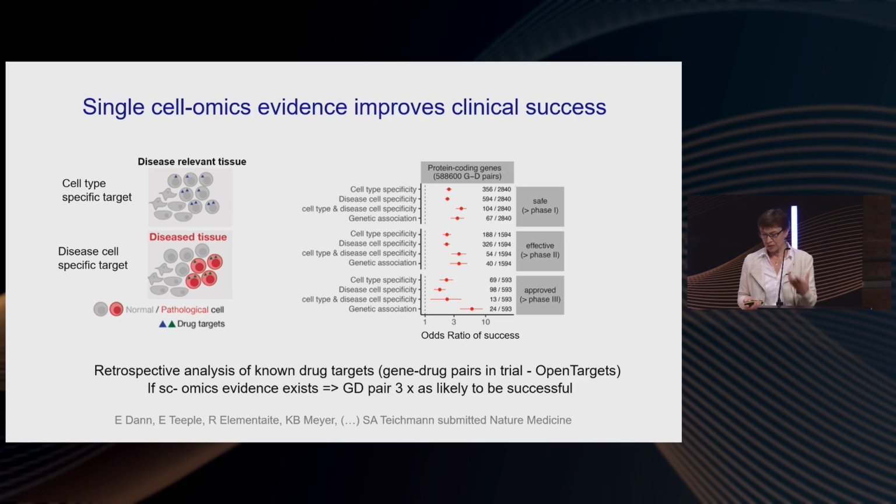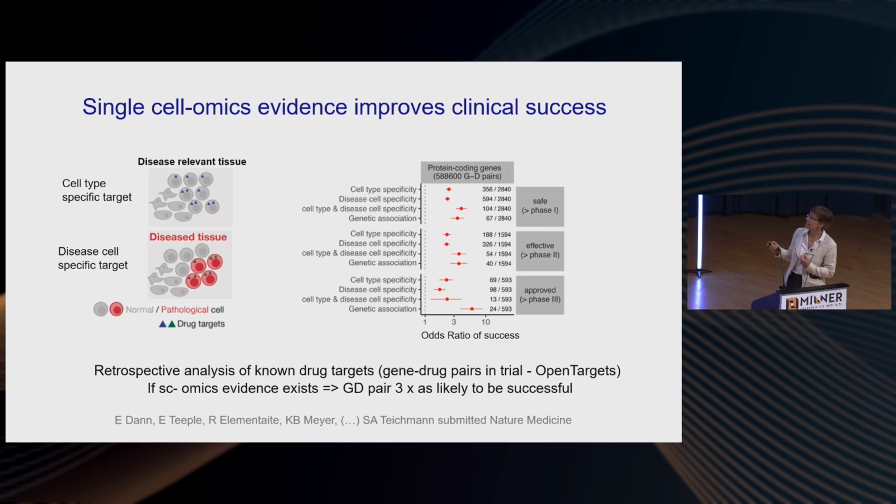So Emma tried to recapitulate this, but rather than using genetic data, she now wanted to ask about single-cell omics data. So she defined two different types of single-cell data, either cell type-specific expression of a target, where a gene is expressed in a cell type-specific way in disease-relevant tissue, or disease cell-specific expression, where there's a disease tissue with a pathological cell type that expresses your target.